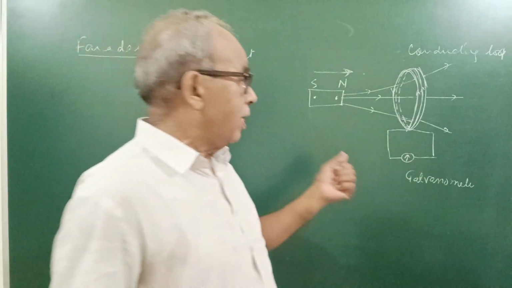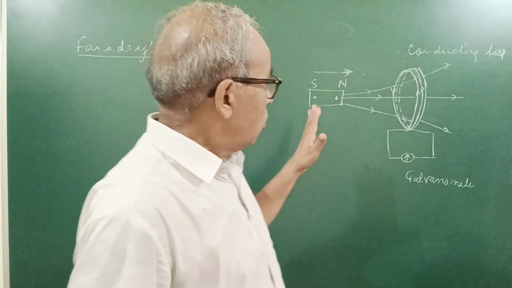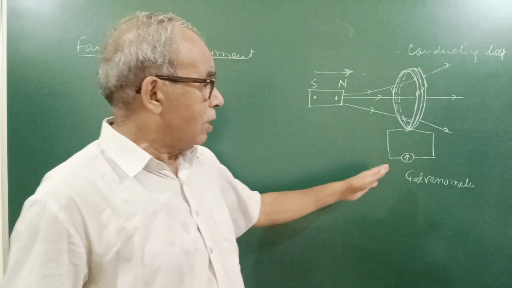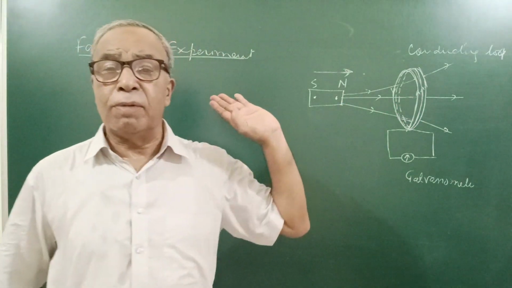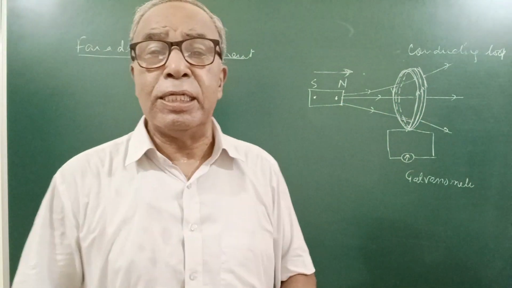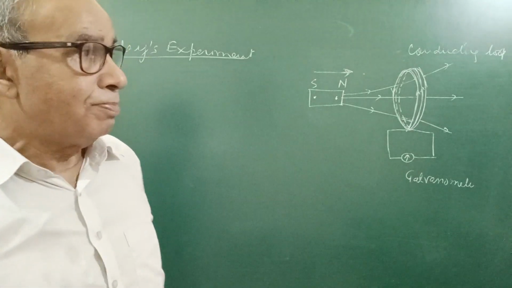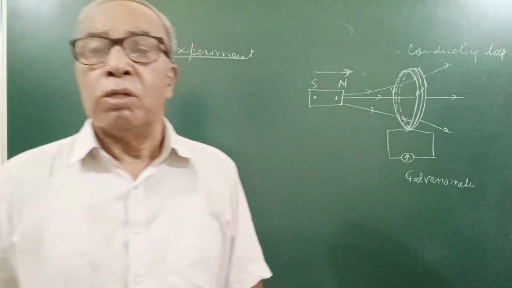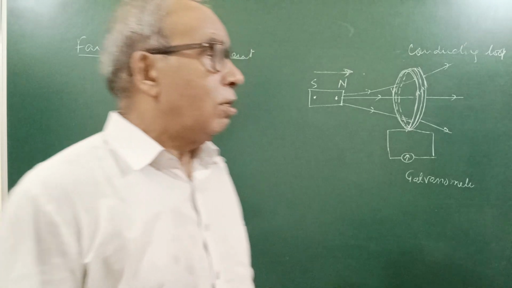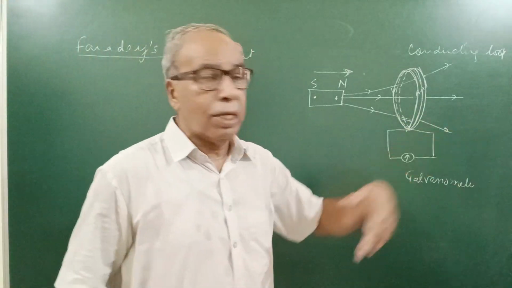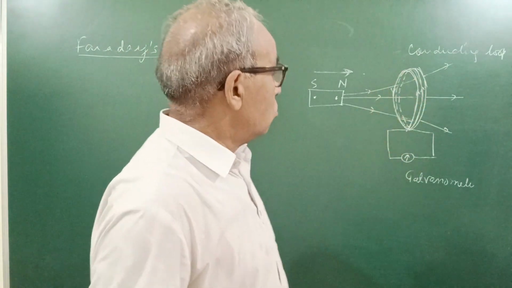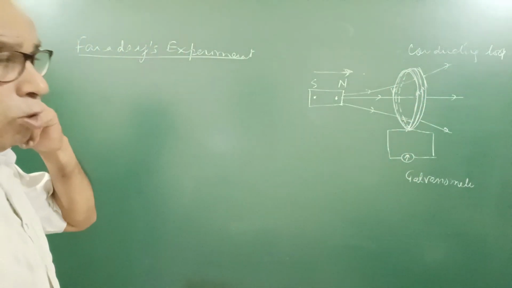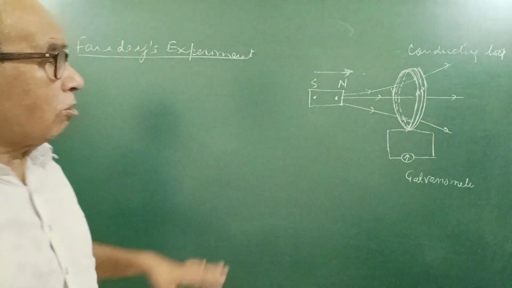Faraday noted that when we move the magnet towards the loop, deflection is in one direction, but when we take it away, deflection is in another direction. But if we make them stationary, then there is no deflection. So Faraday said that as long as there is relative motion between the two, there is current in the coil, induced current. This phenomenon was discovered this way.